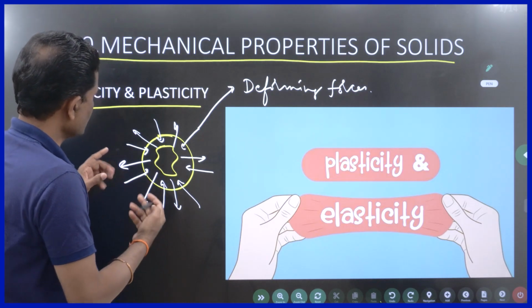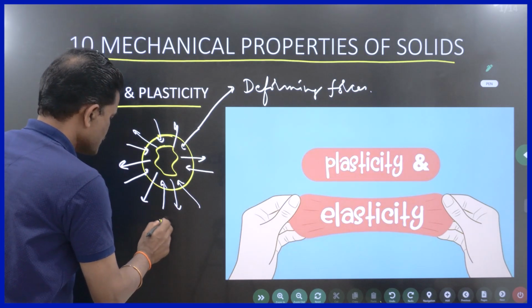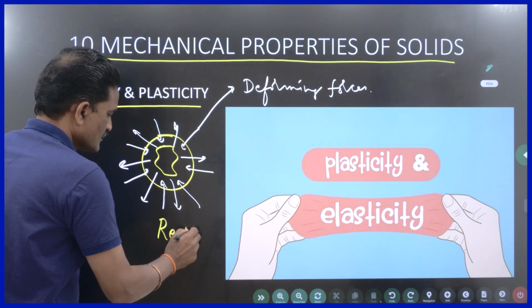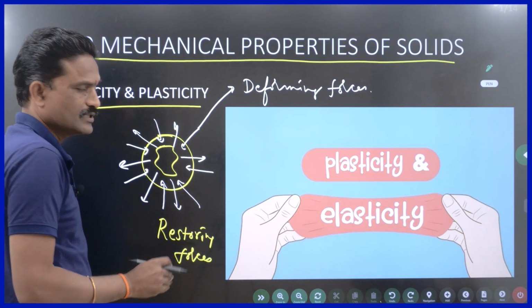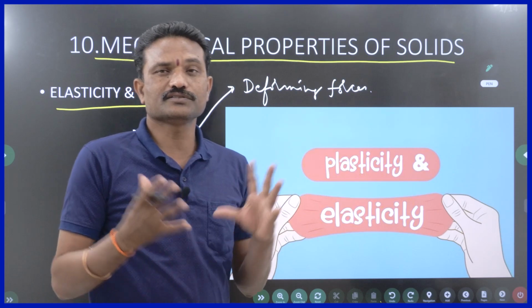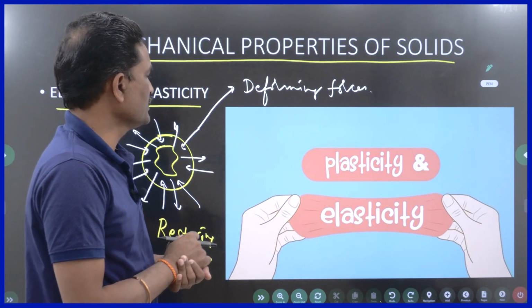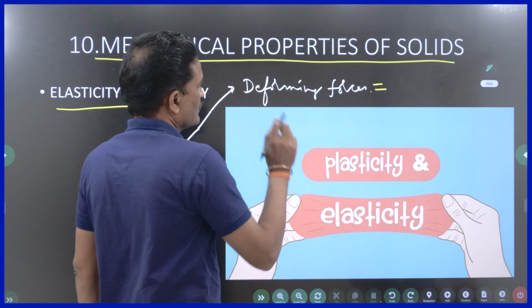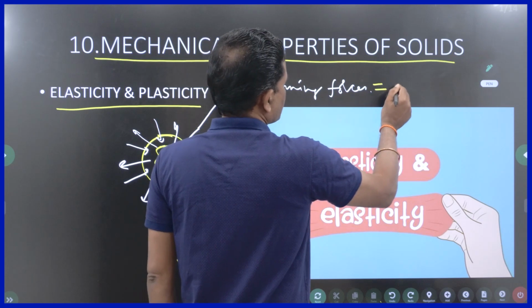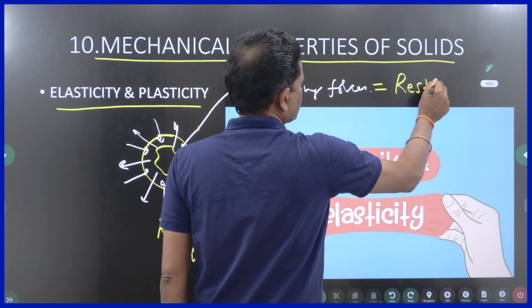The forces which are acting within the object are called restoring forces. So when restoring forces are equal to deforming forces, then the object will regain its original shape and size. So what I mean to say is, in almost all our definitions, you can replace deforming forces by restoring forces. Both are same.